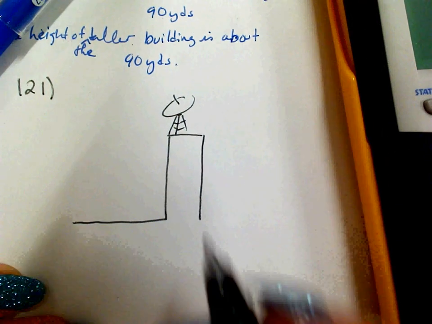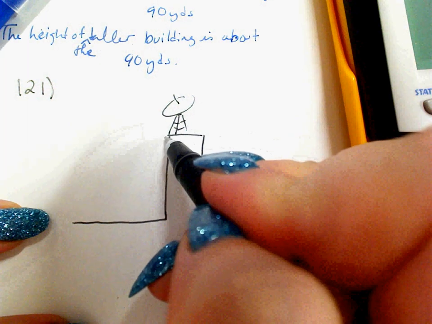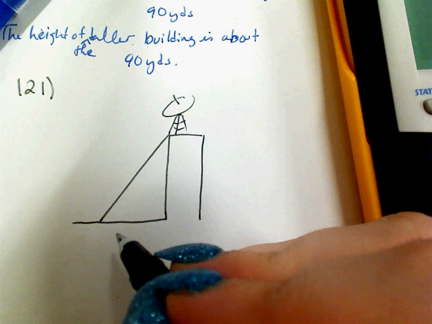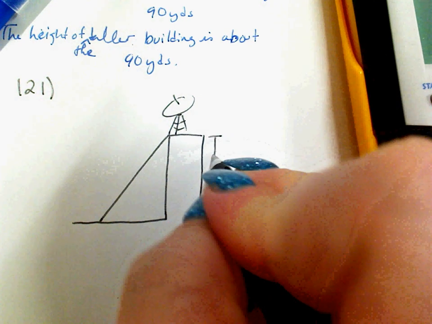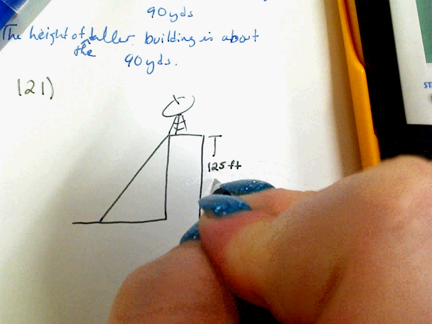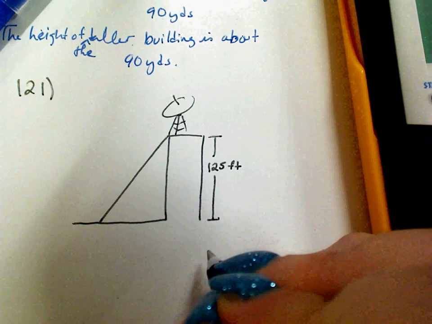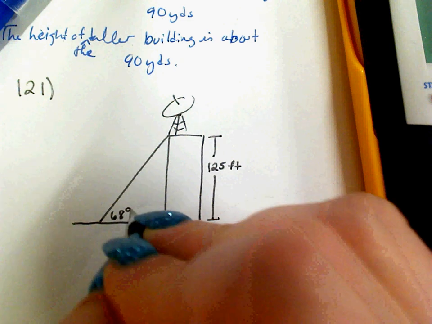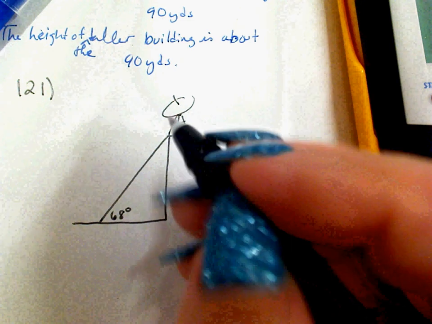The angle of elevation from a point on the ground to the top of a 125-foot building. So this is 125 feet. The top of the building 68 degrees, and to the top of the antenna 71 degrees.